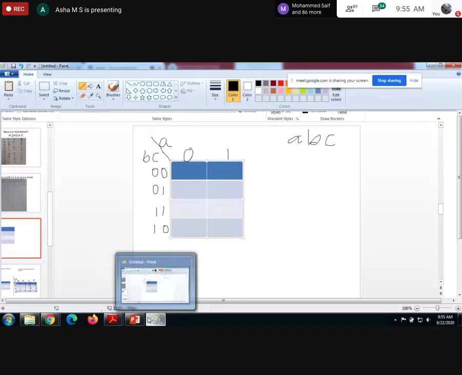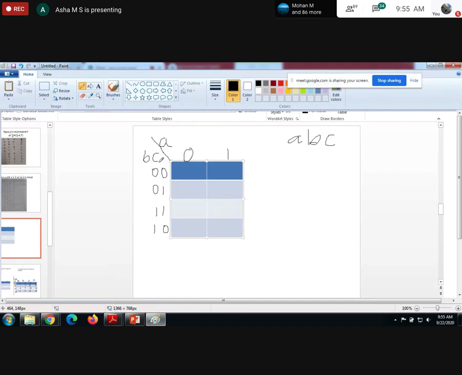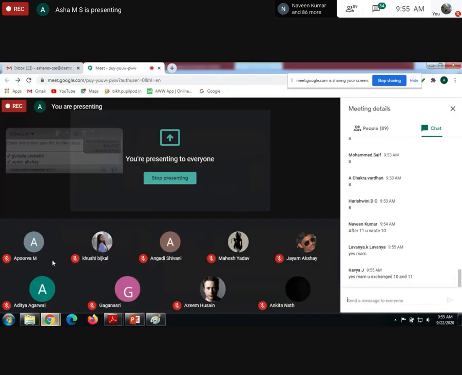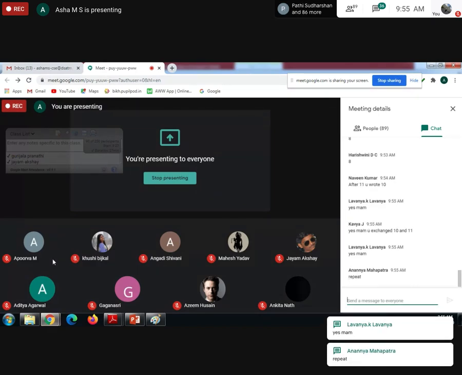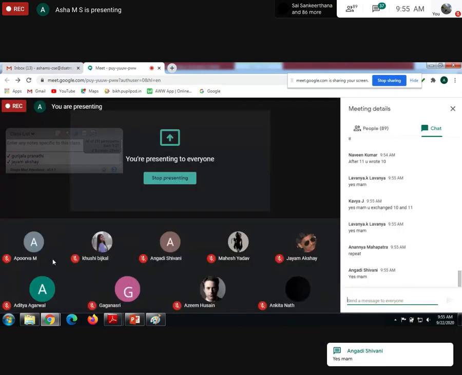That is the rule of the K-map. You cannot write 10 and then 11 here, because when we minimize the expression, only 1 bit should differ. So 00 comes first, 01 next, then 11, then 10. Is it clear? While writing it, don't interchange it. Write the same way I have, because that is the rule of the K-map.